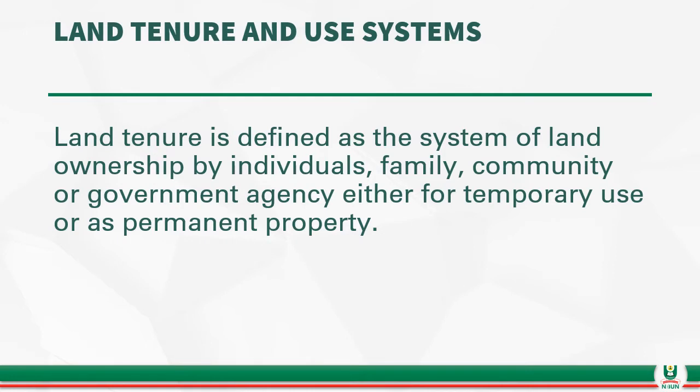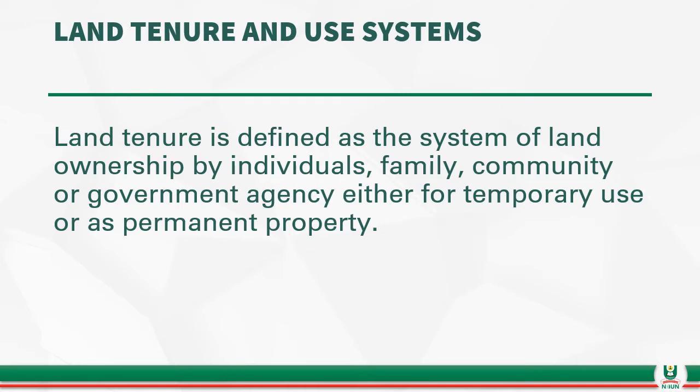Now we are going to be talking about land tenure and use systems. By means of definition, land tenure is defined as the system of land ownership by individuals, family, community, or government agency, either for temporary use or as a permanent property.